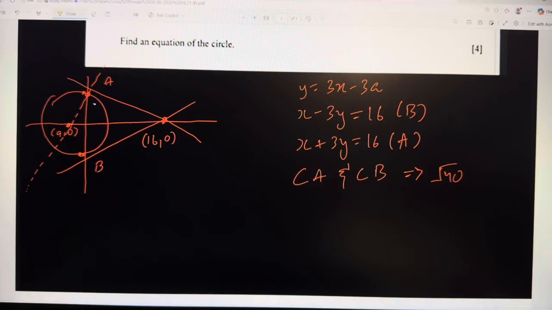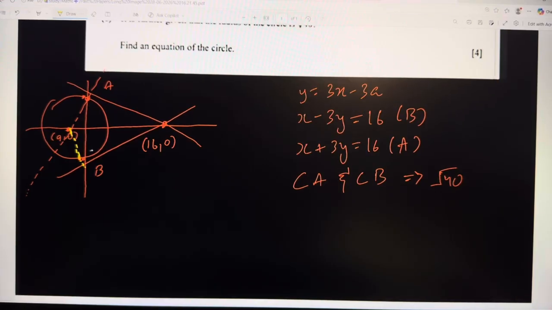This is also 90 degrees, this is also 90 degrees, and this length is 16 minus a, because from 0 to 16, subtracting a, this is the length. So we almost have a shape here that we can use perhaps.